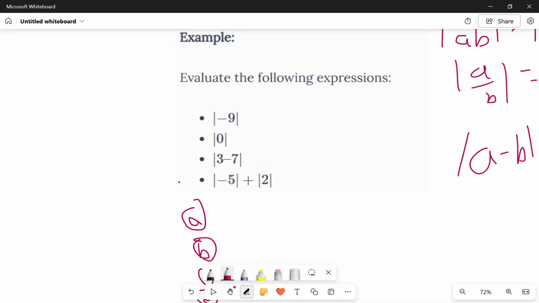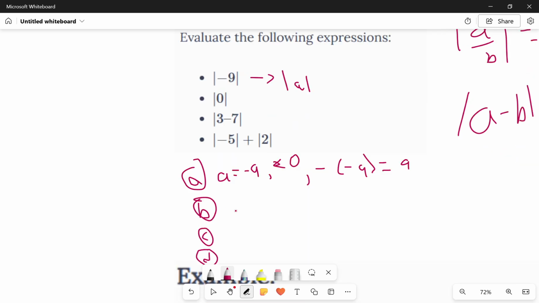Okay, so the absolute value of -9. Remember, A is equal to -9, yeah? So A is equal to -9, which is less than 0. So I have to do negative of A, which is -(-9), which is equal to 9.